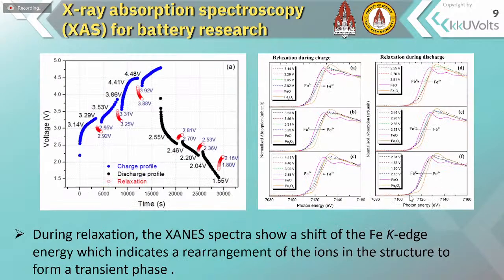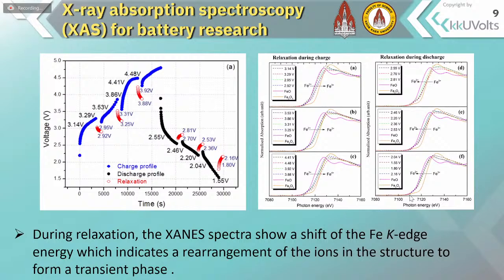In order to study the transient phase during cycling, we cycle the battery and then we stop applying current to the battery cell as relaxation, as shown in the left figure. During the relaxation, we collected the same spectra as demonstrated in the right figure.